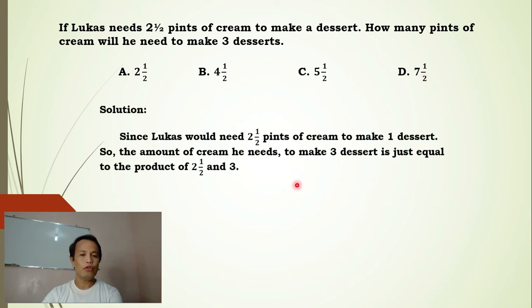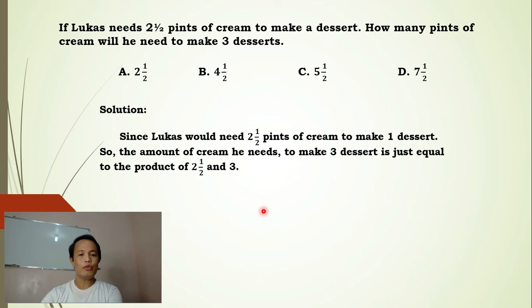For the solution, since Lukas needs 2.5 pints of cream to make 1 dessert, the amount of cream he needs to make 3 desserts is just equal to the product of 2.5 pints and 3. Since he is going to make 3 desserts, we simply multiply 2.5 times 3, or we simply add 2.5 plus 2.5 plus 2.5.